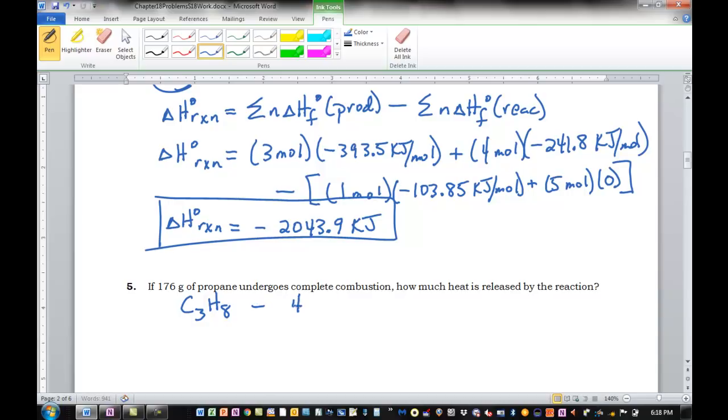And I get 44.094 grams per mole for propane. We know the heat flow for 1 mole. We just figured that out in the problem before. How many moles is 176 grams?